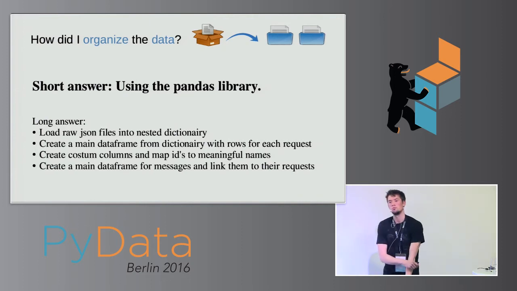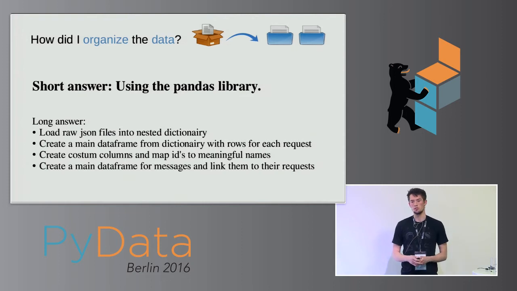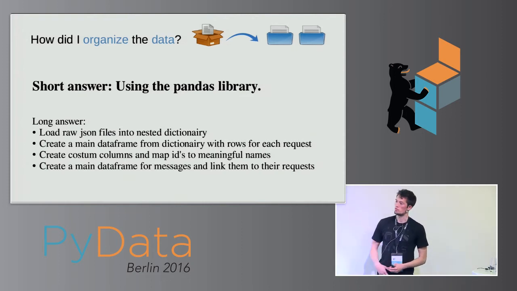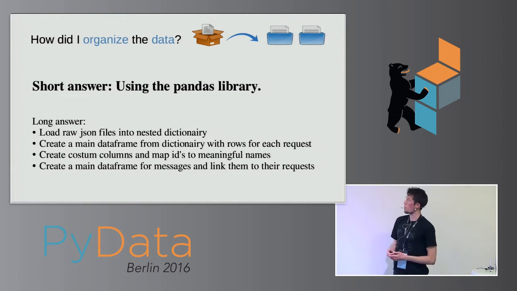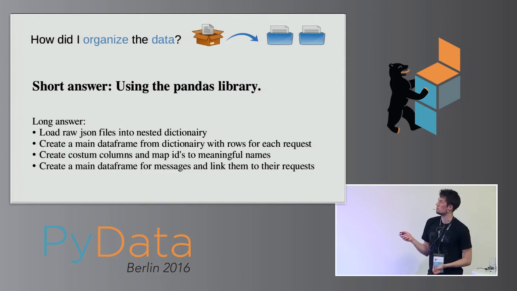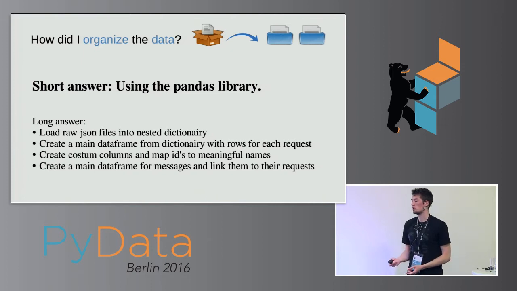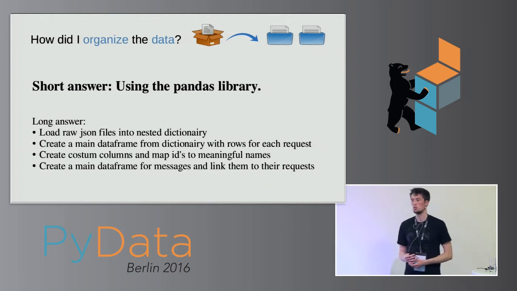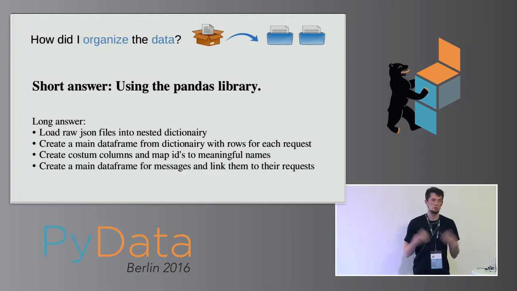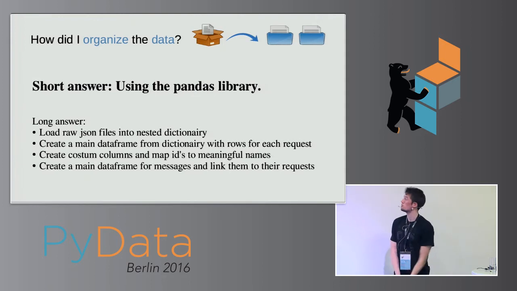That was a few lines, I guess, but then you have to clean the data, you have to make sure that you have standard data formats in all of your data frame columns, and also there are many IDs and links to other file formats that you have to map to meaningful names so that you can visualize them better.